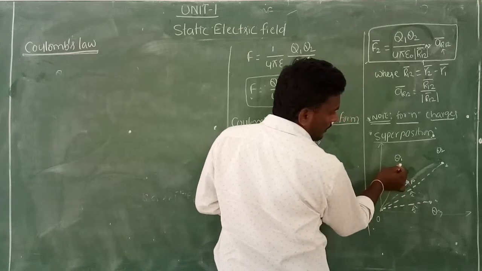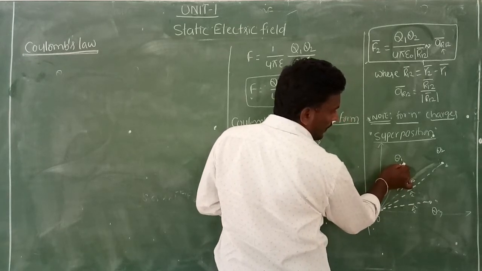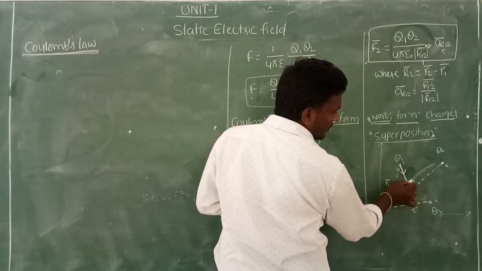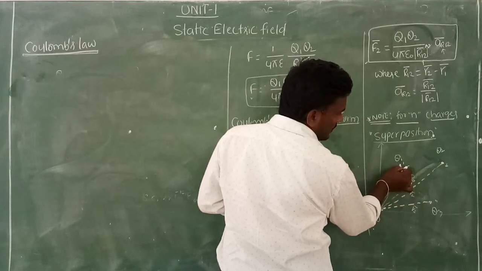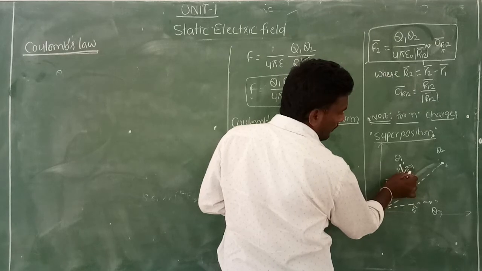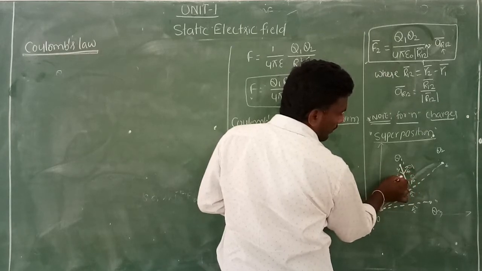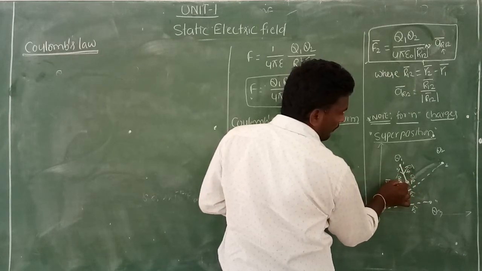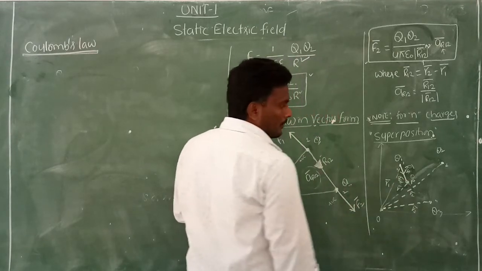The location of q1 is 1 and the location of q is P. So the distance between 1 and P is considered as R1P bar, and the unit vector is a R1P bar.